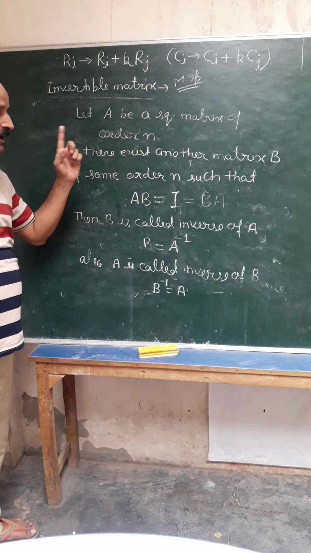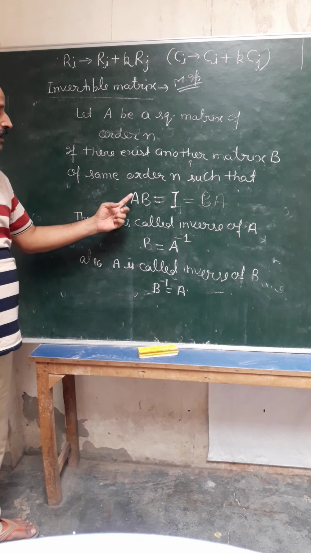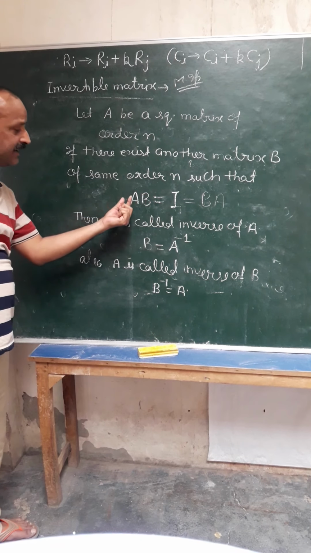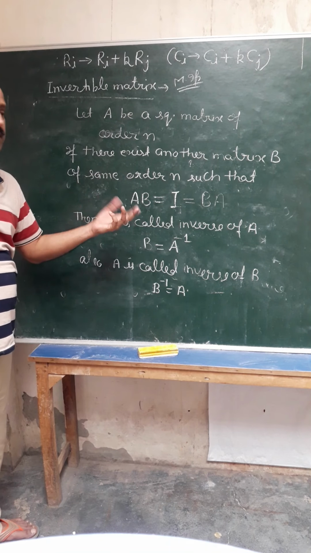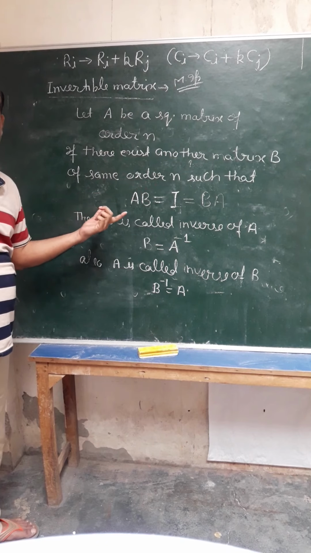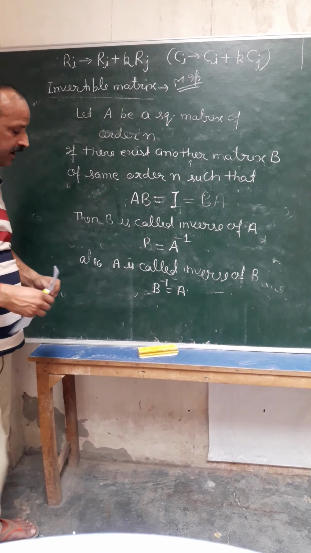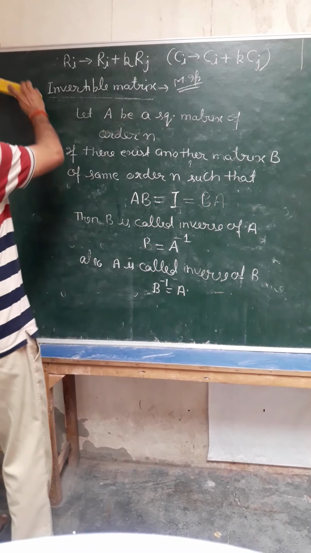If there exists a matrix B such that the product of these two matrices is I, then each is called the inverse of the other. A is the inverse of B and B is the inverse of A.